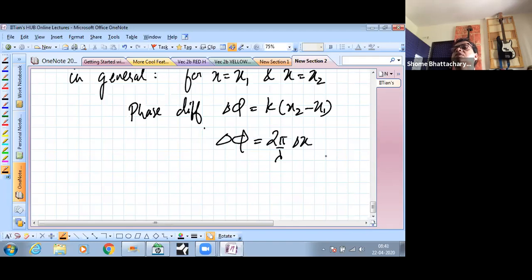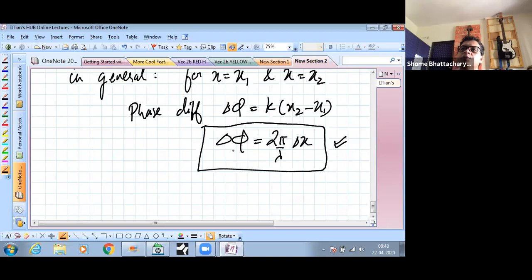This is an equation you will remember from wave optics, very important for two different waves traveling a different path. But this also applies to a single wave.